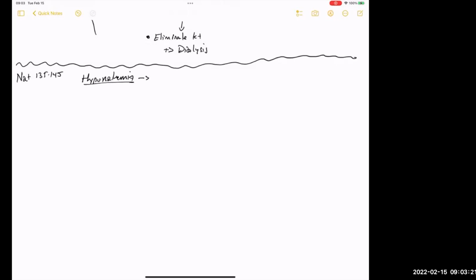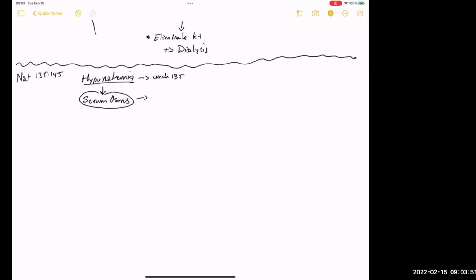what we need to do is figure out what kind of hyponatremia we're dealing with, right? What is the osmolality of the patient's serum? So we need to calculate the serum osmolality first to figure out what kind of hyponatremia we are dealing with. How do we figure that out?